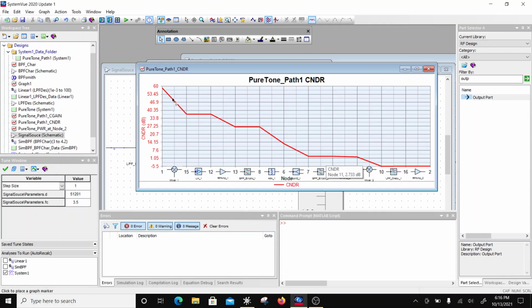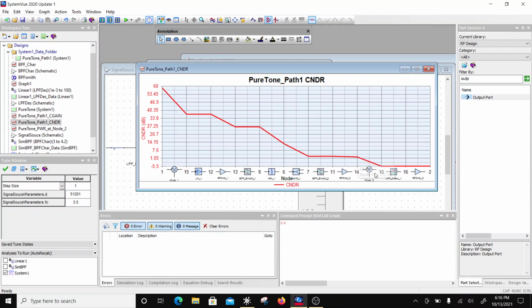So even this will not make sense, because the frequency at which it is characterizing is changed over here. So you are drastically going to drop. So this is 2 dB here, and then suddenly it will become a negative number. So this would not make sense because you are not at 3.6 gigahertz where you are seeing this characterization.